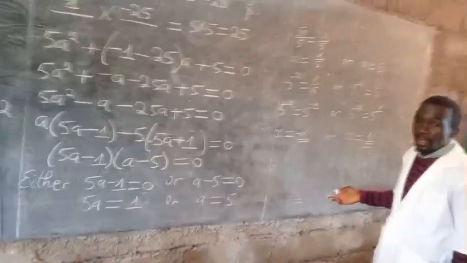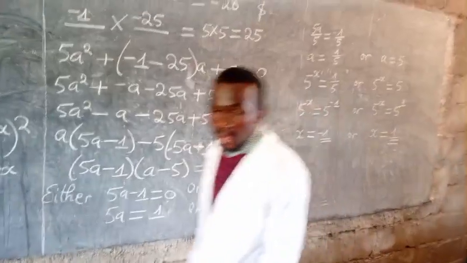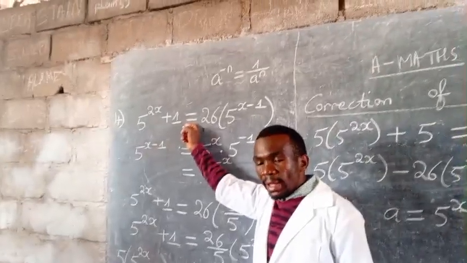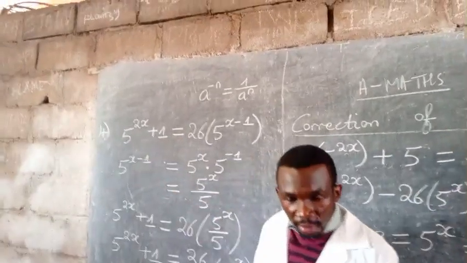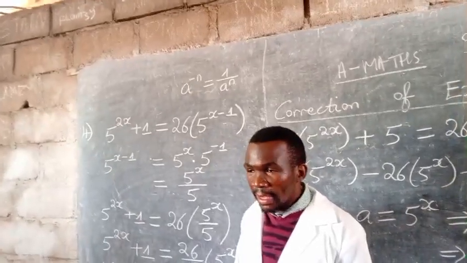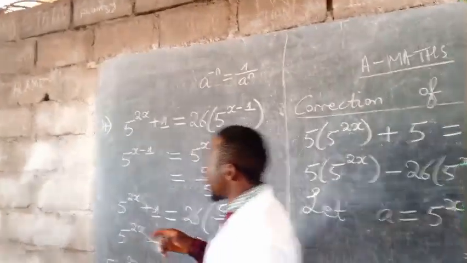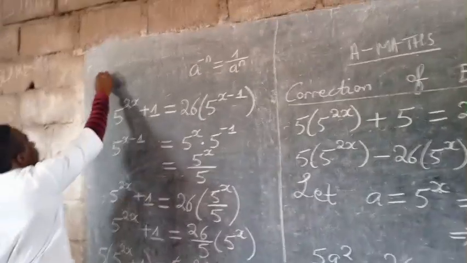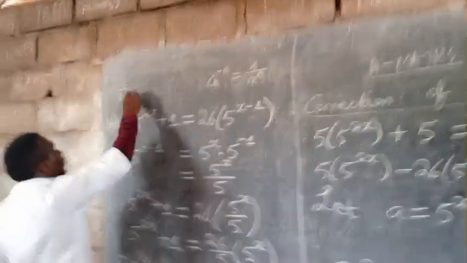We can verify. If you replace x with 1 here, you obtain the same solutions at the left hand side and at the right hand side. Let's replace x with 1 here. This will equal 5 squared plus 1.